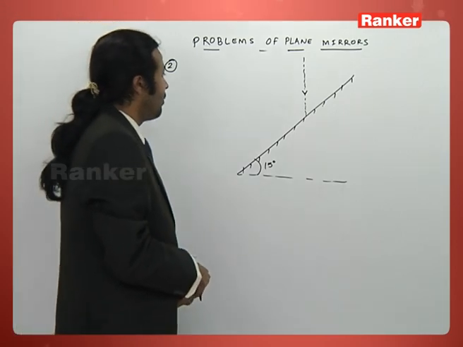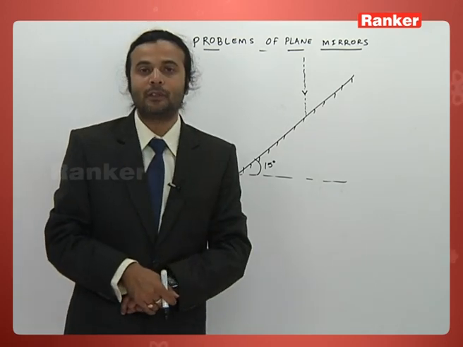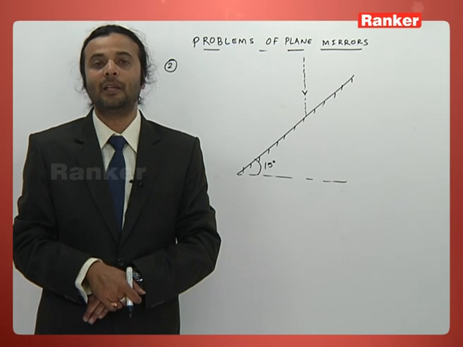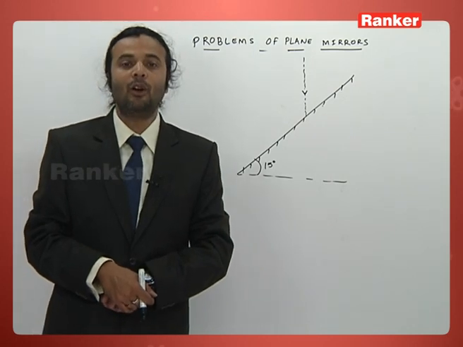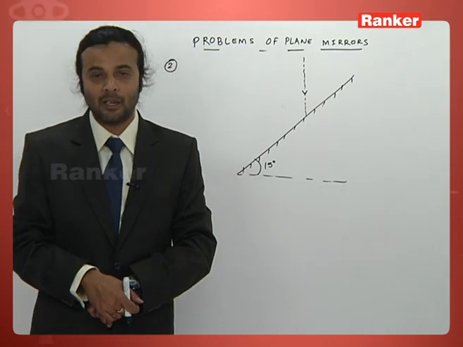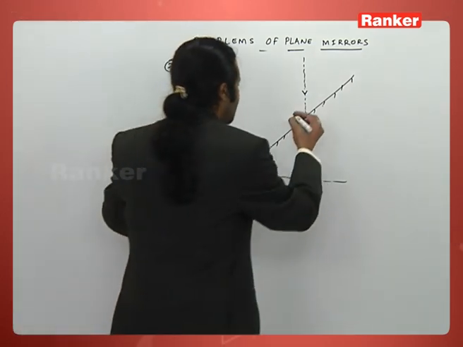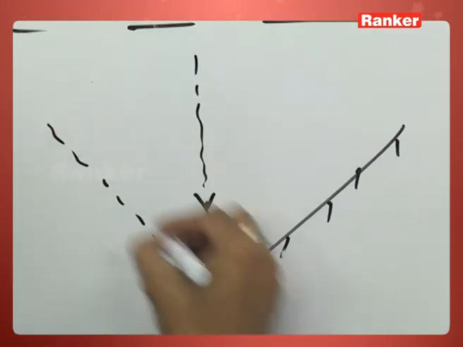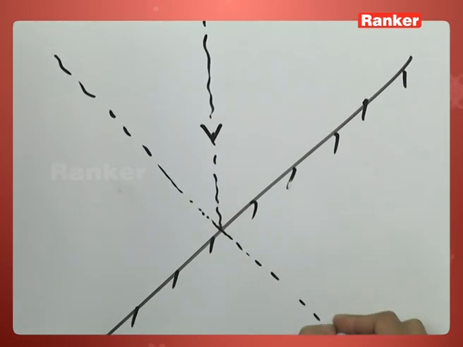First of all, whatever the orientation of the rays and whatever the orientation of the mirror may be, we will always take the perpendicular component of that ray. That means I will drop a normal on the mirror. This is not about the velocities of particles.